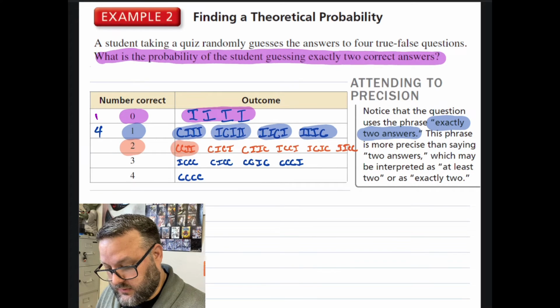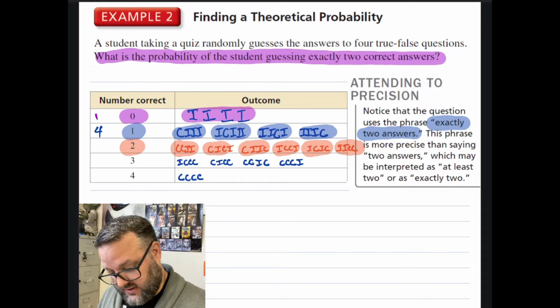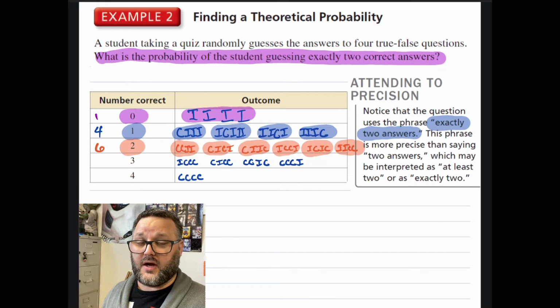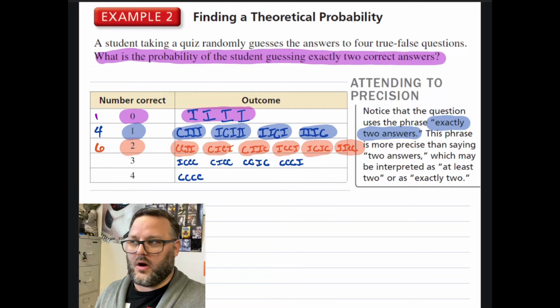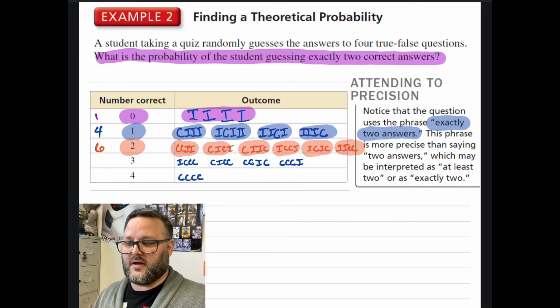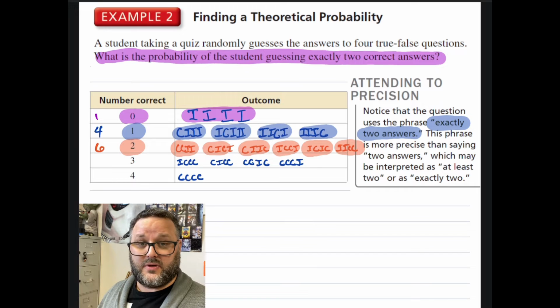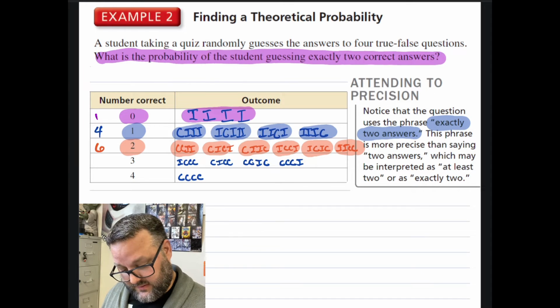So 1, 2, 3, 4, 5, 6. There are 6 ways I could have gotten 2 correct, because I don't care about order. I don't care if I got the first and the third right, the first and the fourth right, or the second and the fourth right. It doesn't matter. There are 6 possibilities where I got 2 right, no matter the order, and so I need to account for all 6 of them.